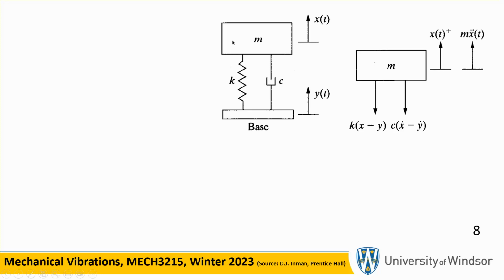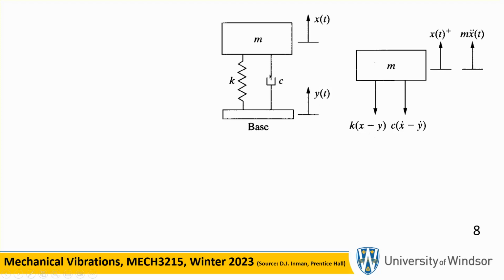So if you draw the free body diagram of the mass, what are the forces that are acting on the mass? Well, there is the spring force. But remember, spring force is not just kx. It's because the mass is moving by x, the base is moving by y. The stretching or compression of that spring is just x minus y.